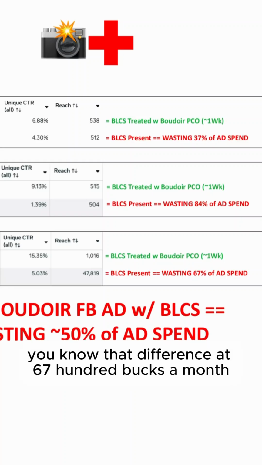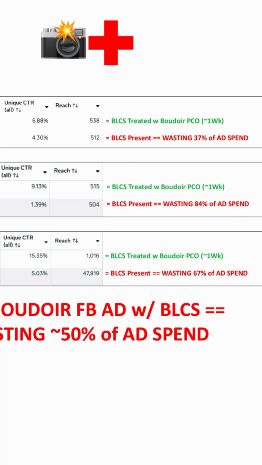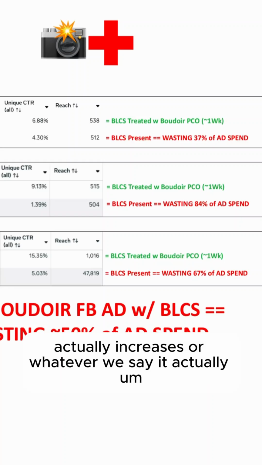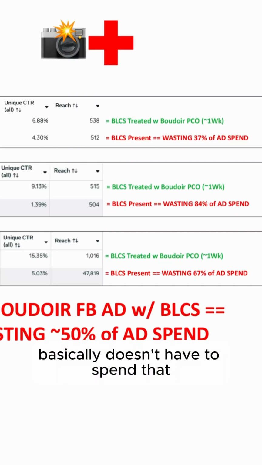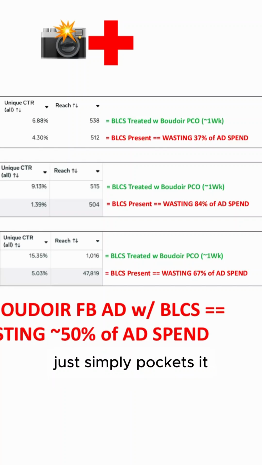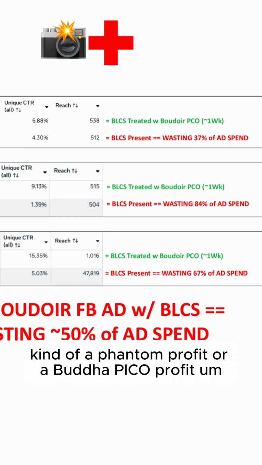And that difference, $6,700 a month, he basically doesn't have to spend, he just simply pockets it, kind of a phantom profit or a Boudoir Pico profit.